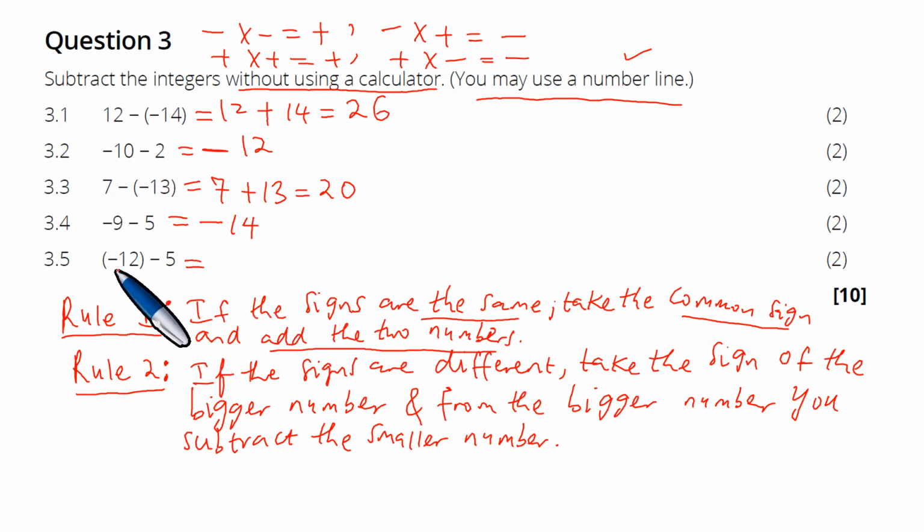If you have minus 12 in brackets and you subtract 5, it's the same as minus 12 minus 5. The signs are the same, so you take the common sign and add the two numbers. 12 plus 5 is exactly 17. So the answer is 17.